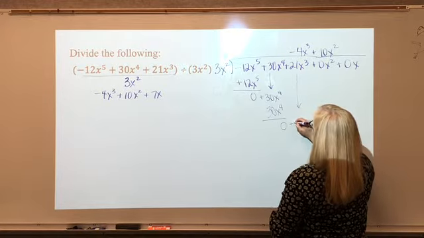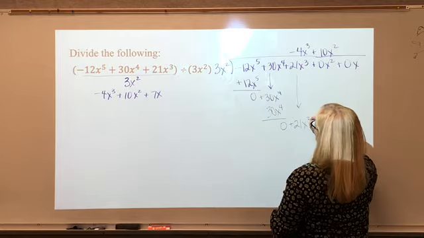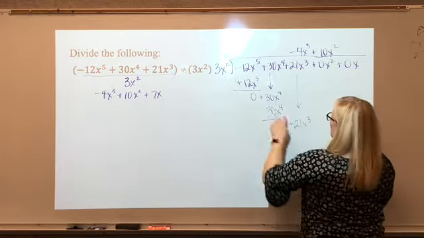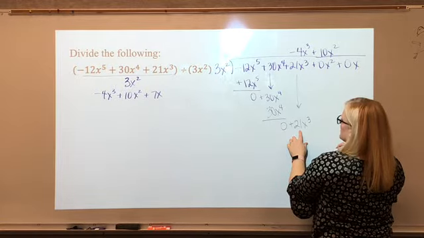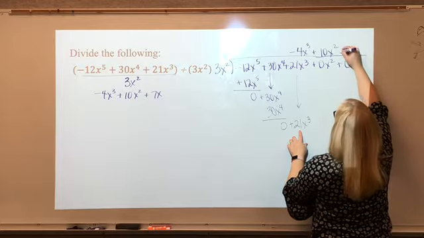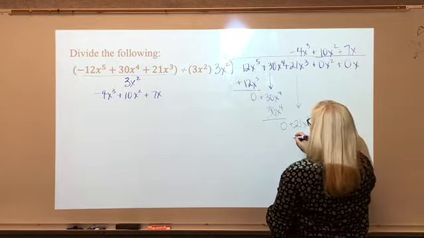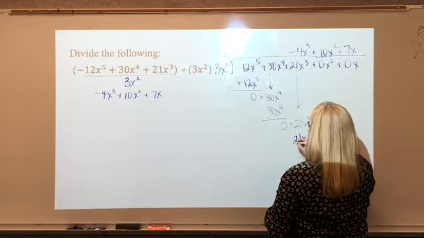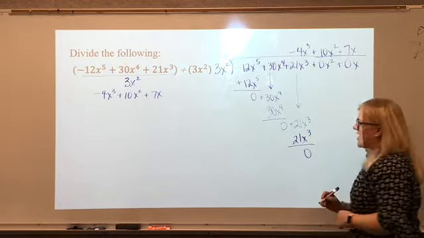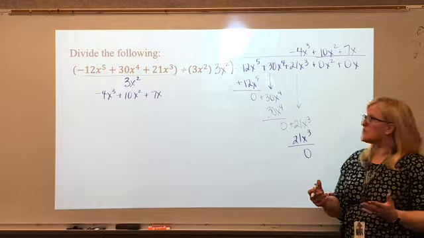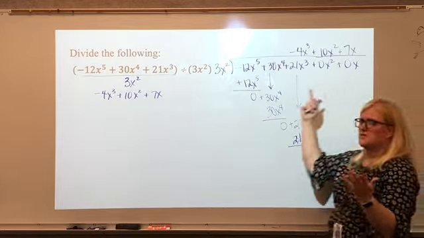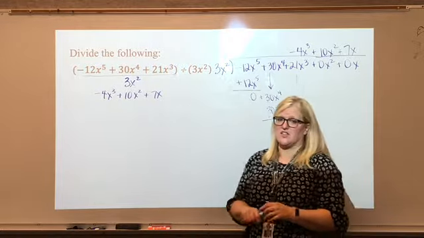Drop down this 21x to the 3rd. 3x squared goes into 21x cubed 7x times. Multiply that, I get 21x cubed, and I subtract and I get 0, so there's no remainder. And look, shocker, I get the same answer.